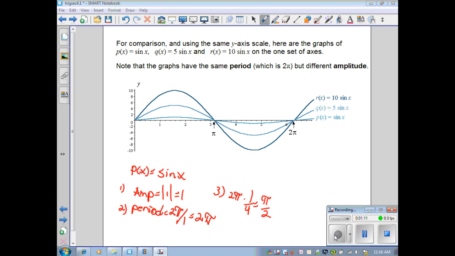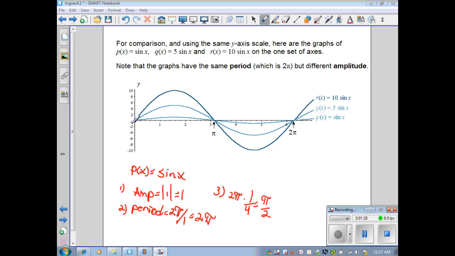Now to graph, all I'm going to do is to count by pi over 2 until I get to my period, which is 2 pi. Or in this case, it would be 4 pi over 2, which is 2 pi.